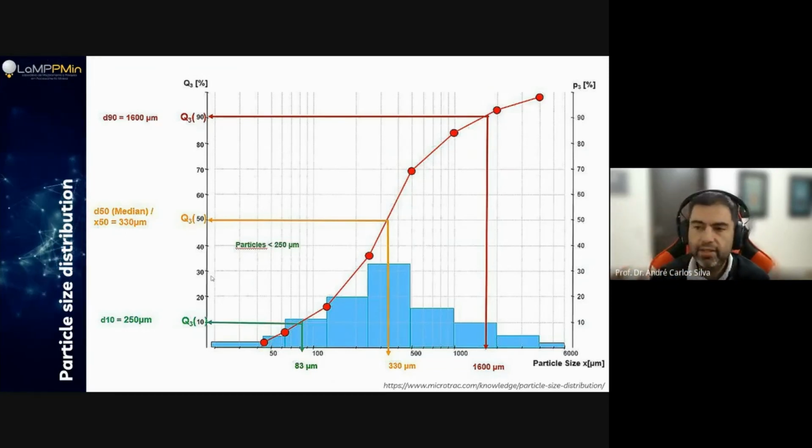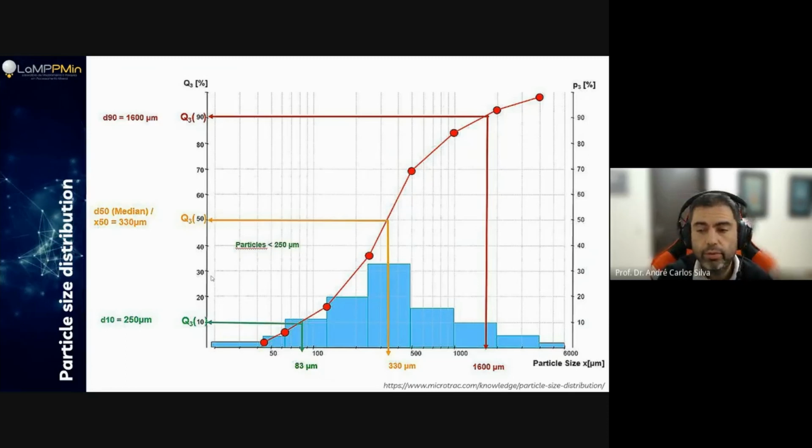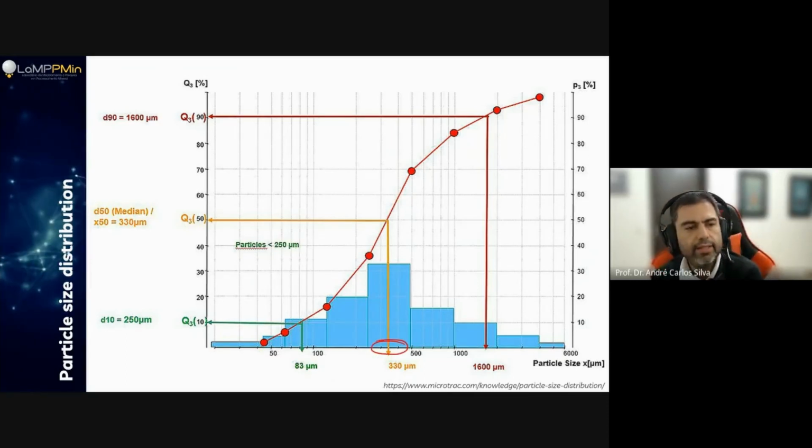What you can see over here is that definitely you have material on the coarse part, which is on the right hand side of the graphic, and you have fine particles. But the majority of my mineral particles are around which size? This one over here. That's the majority.